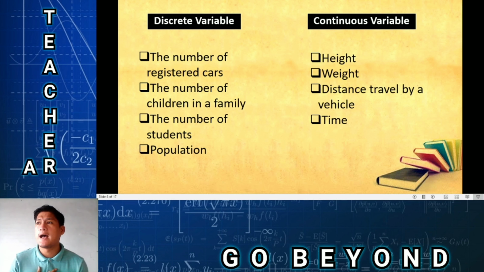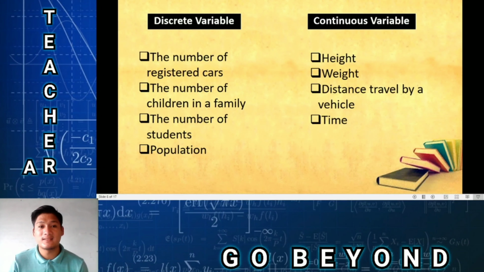Like for example, my height, I am 5'9", because we consider the decimal. Same as weight, maybe I am 80.2 kilograms, 80.3 kilograms. Maybe you are 72 kilograms, 72.5 kilograms. Distance traveled by a car, 3.2 kilometers, 5.8 kilometers, 3 kilometers, 5.2 kilometers. So meaning to say, we include the decimal.